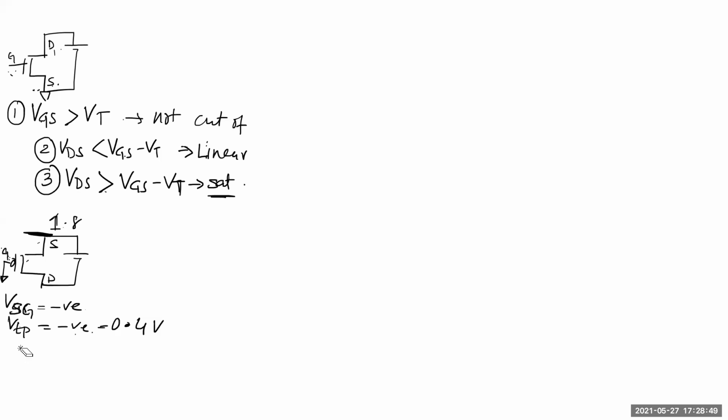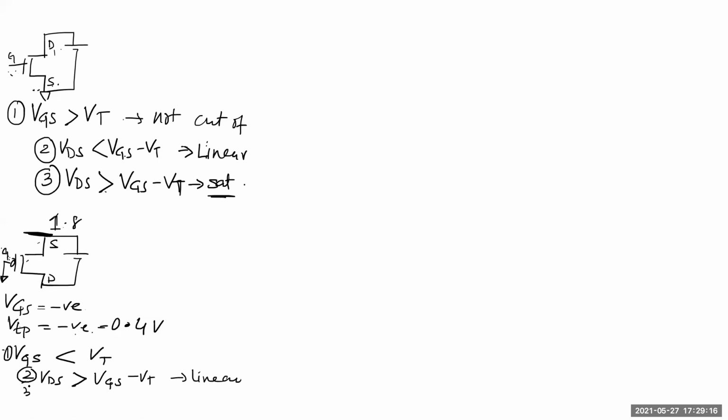But let's stick to just the original one, right? So you have to check if VGS is less than VT first. That's your first condition. If that's true, then you check if VDS is greater than VGS minus VT, because VDS is also negative, right? If it is greater than VGS minus VT, which is also negative, then it is in linear.